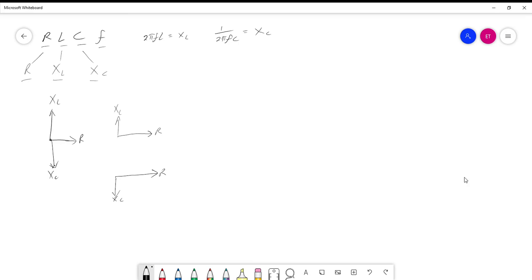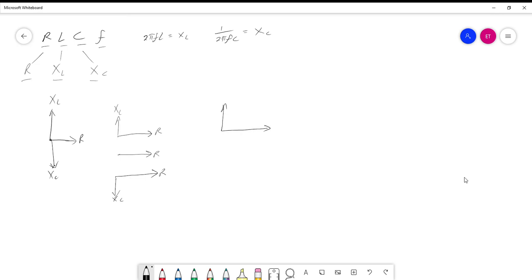And that's where your right triangle forms then. If XL and XC are exactly the same, they'd cancel, and you could have just a purely resistive circuit. That's possible too. They can cancel each other out. If it's overall inductive reactance that wins, let's show you that right triangle, right?